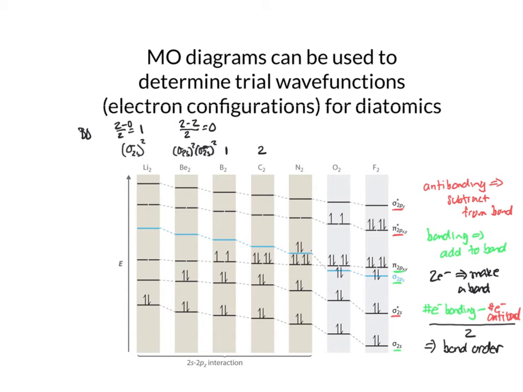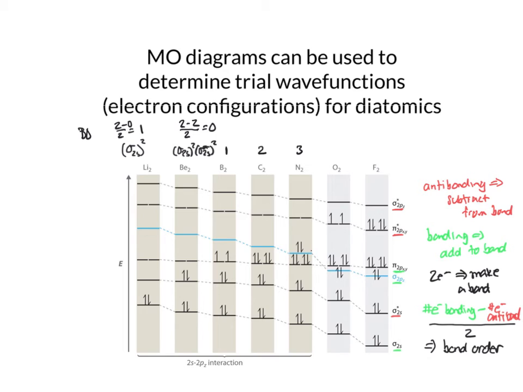In nitrogen, again my 2s cancel each other out, and then I have 6 bonding electrons left over. And so the bond order between 2 nitrogens is 3. That matches your Lewis structure for nitrogen.